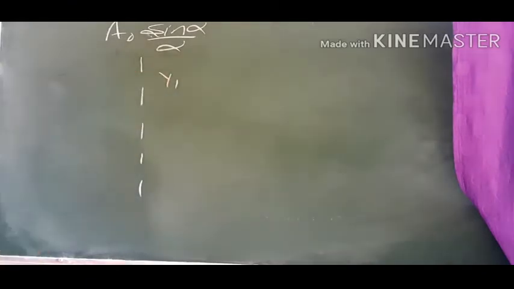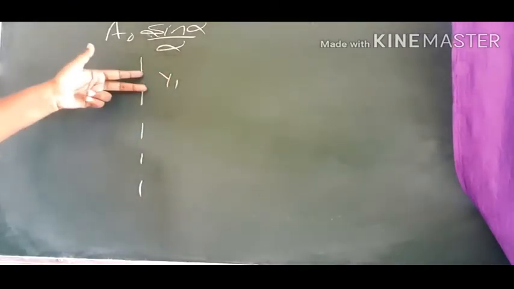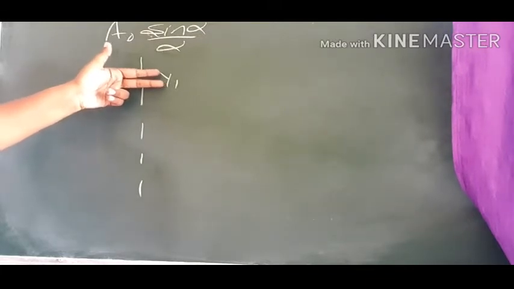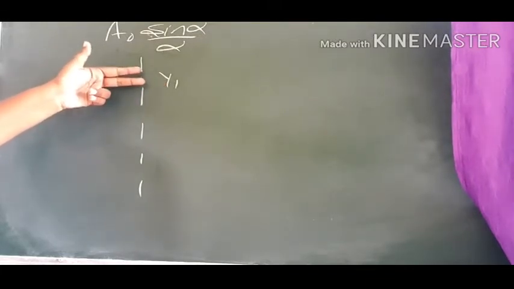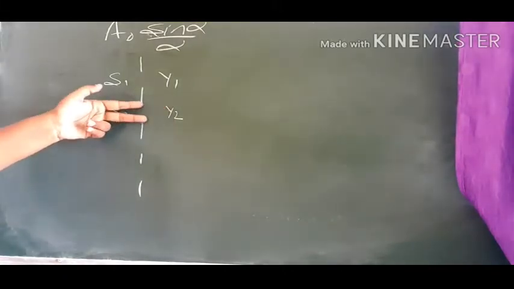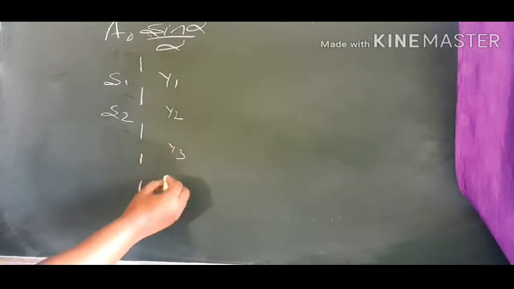Suppose this is y1. y1 is the resultant wave vector of all the rays coming from this slit S1. Suppose y2 is the resultant wave vector of all the rays coming from the slit S2. This is y3, this is y4, and so on.